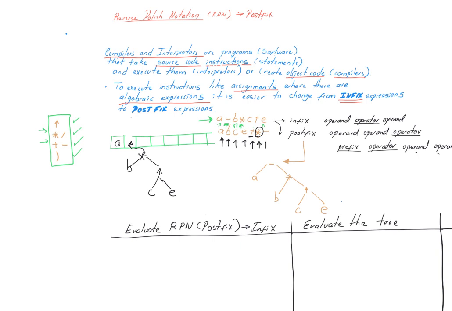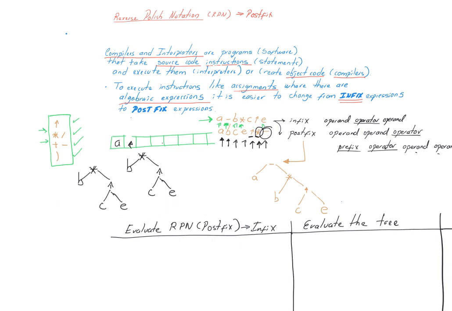And now I find the other operation, which is this minus. So what I do is I take both things, right? Now this subtree, this whole thing is going to be my right leaf, and this is going to be my left. I can get rid of the stack now because I'm okay.